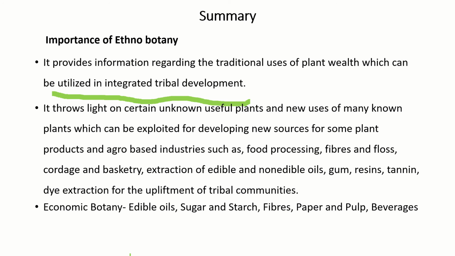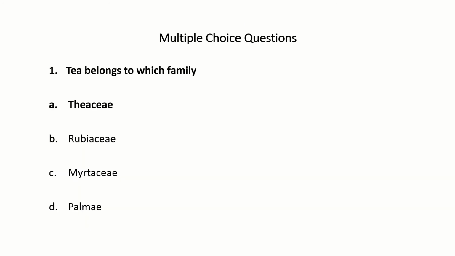Economic botany here, what will it do? It will give us a lot of information about plants that can be exploited for economic upliftment of the nation, of our tribes, of mankind. Edible oils are obtained, sugars and starch, fiber, paper and pulp, beverages. All these are obtained from economically important plants.